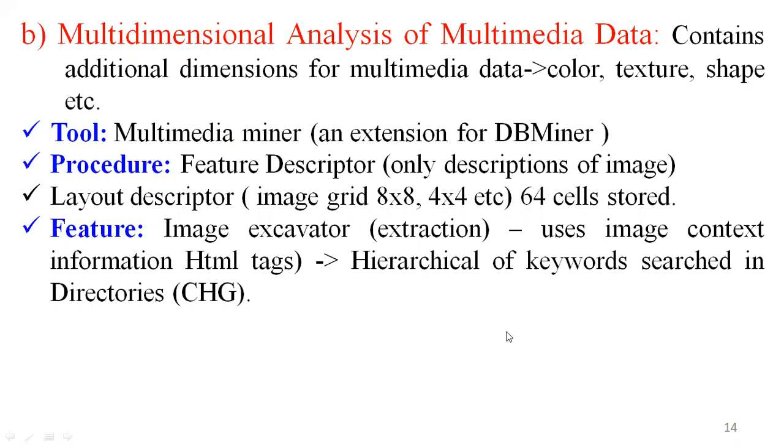Why? Because with the help of multi-dimensional data, you form the data warehouse, from which you get information. Different dimensions and dimensional tables, and fact tables, are there, and from them you form the schema: star schema, snowflake schema.